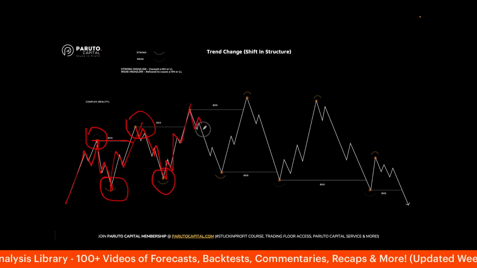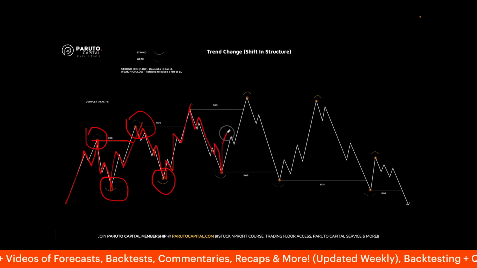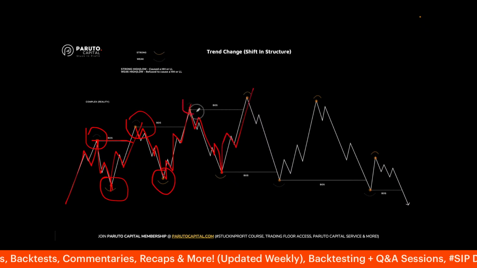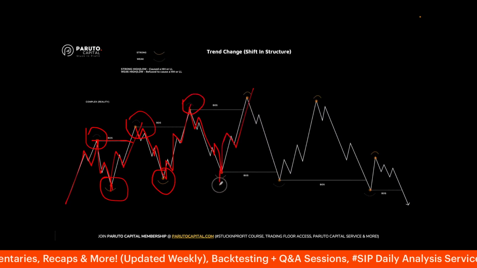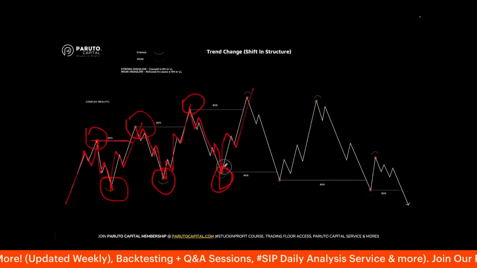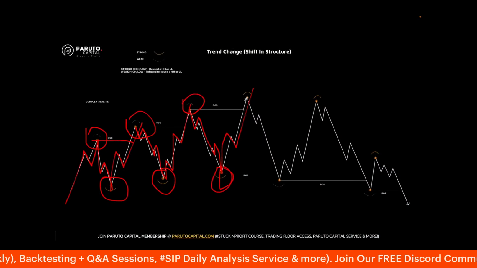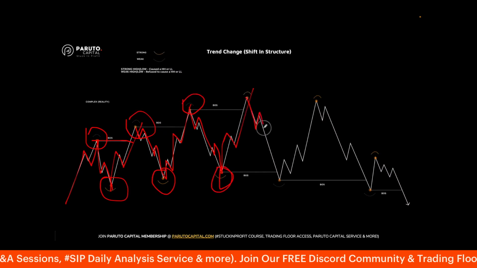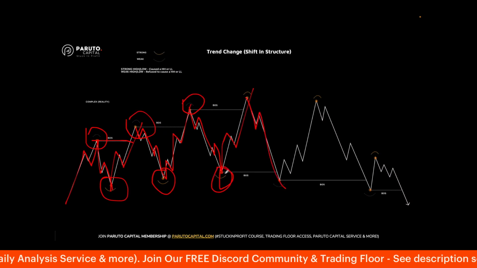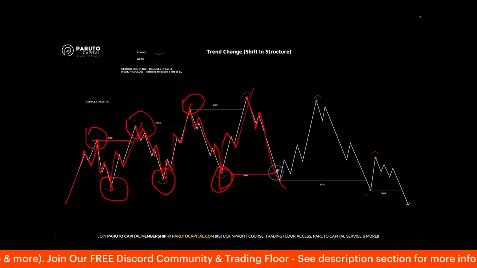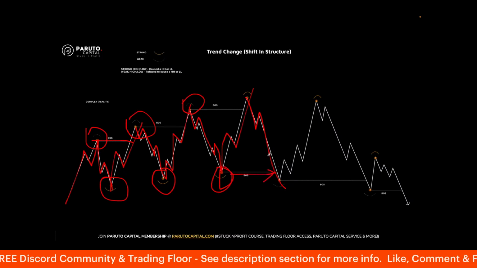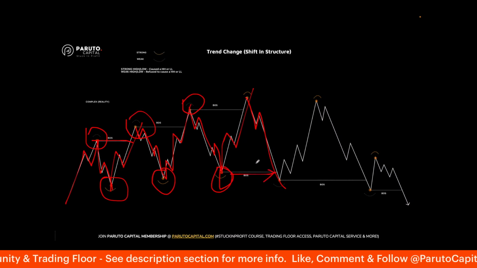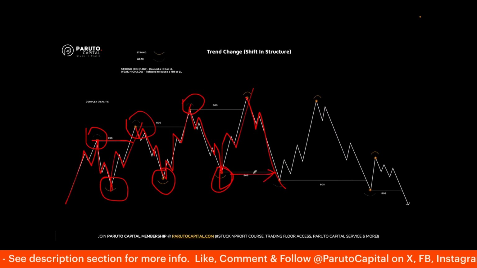And then it came down here again and you have this again and then it broke structure. So this becomes a weak high and this is a strong low because it took out this high, and the market continues to move and then comes down and takes out this previous strong low, right? So we now have a change of structure, a shift in structure. Now it's important to note that.